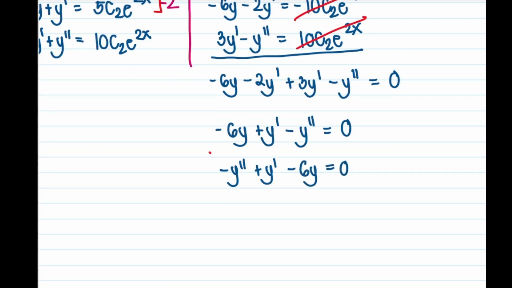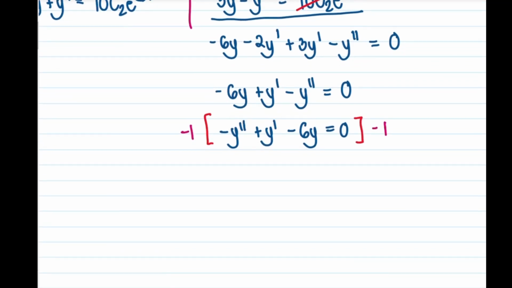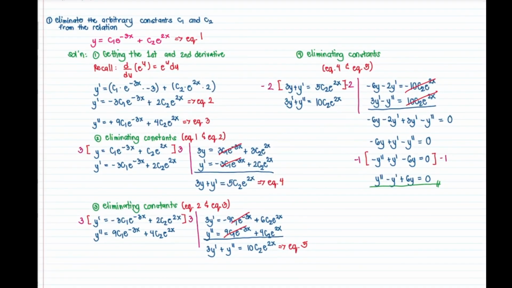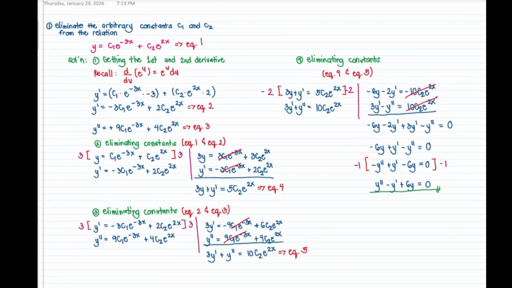So multiplying both sides by negative 1, that one will yield y double prime minus y prime plus 6y equivalent to 0. So this one will be your answer. Okay? So that will be the solution for question 1 by eliminating constants C1 and C2.